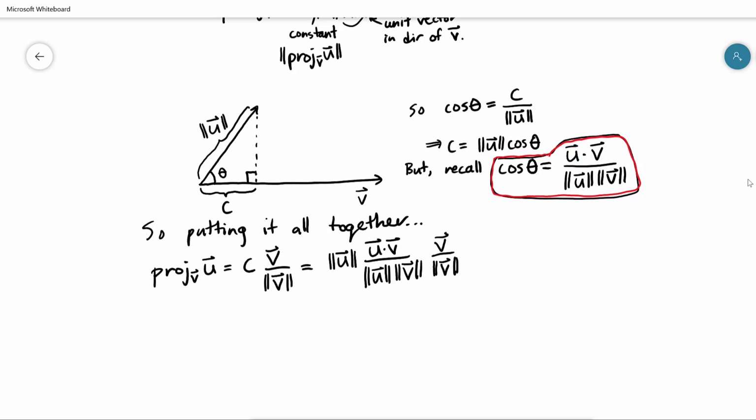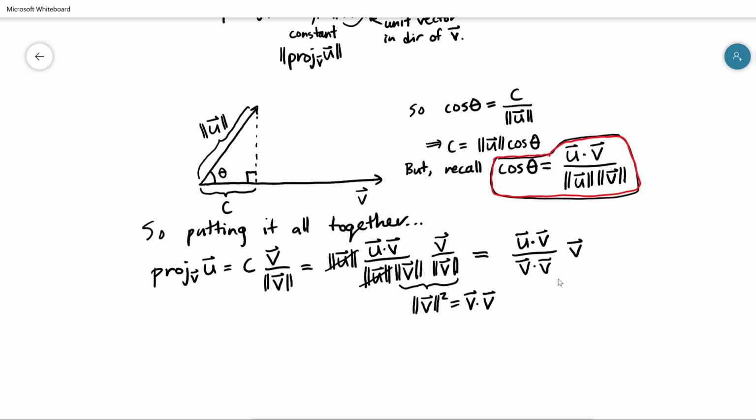So we can get a little bit of cancellation. This piece can cancel with this piece. Those are just two numbers. This piece right here, the magnitude of v times itself, I get the magnitude of v squared, which is the same as just v dotted with itself. And I can rewrite this whole mess as u dotted with v on top over v dotted with v, the whole thing times v.